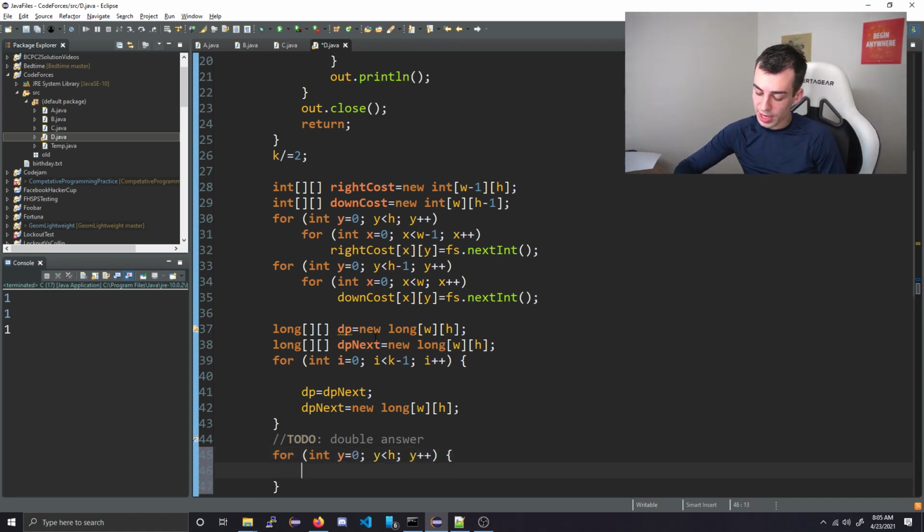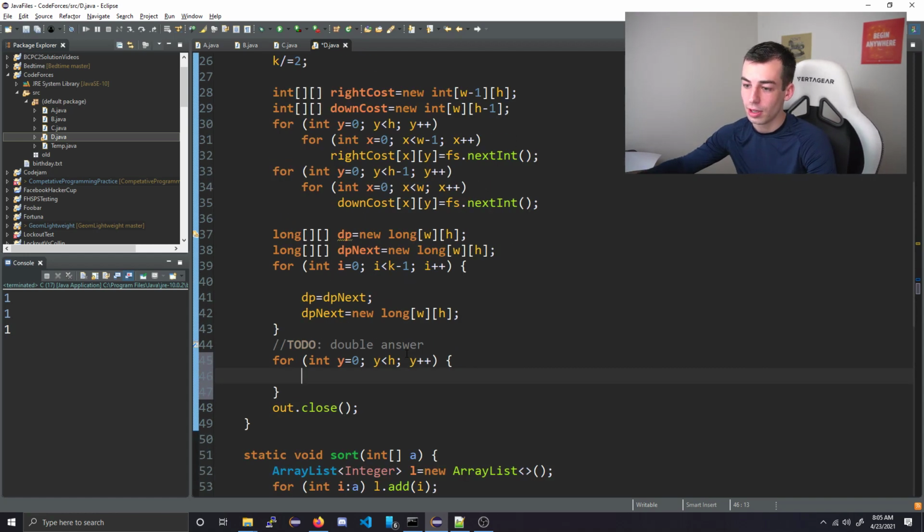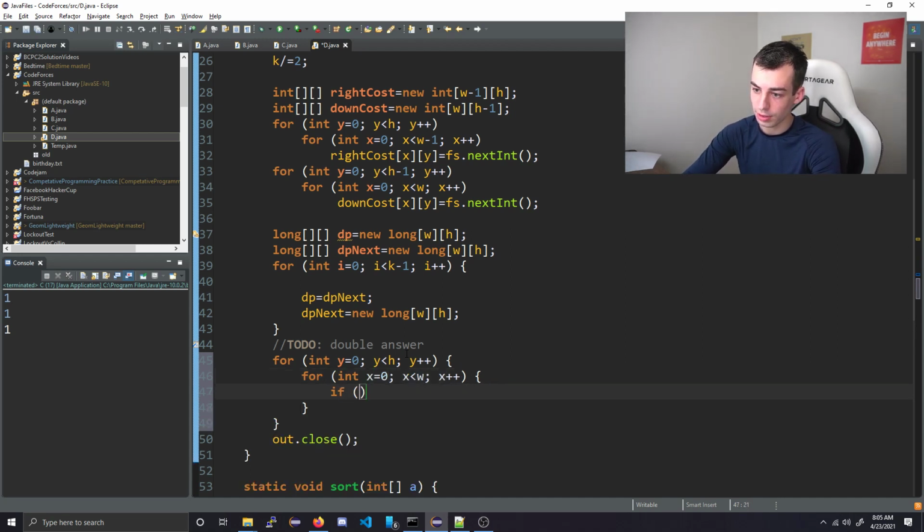So this is if you take 10 steps and end here. Yeah, which is the same as like you could do those steps in reverse and then do them forward. Yeah, okay. All right. So x is 0, less than width, x plus plus. X is not equal to 0. Dot print a space.